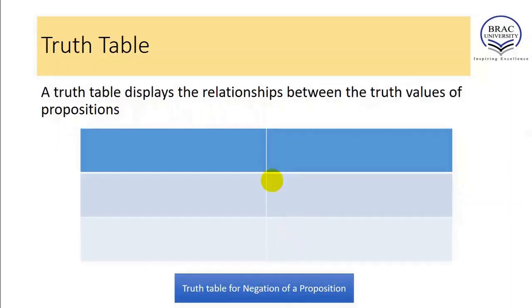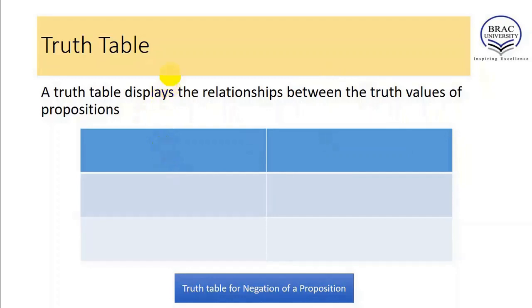Let's talk about truth table. A truth table displays the relationships between the truth values of propositions. So the relationships between the truth values of propositions, this phrase is an important one. And so let's say we will draw the truth table for the negation of the proposition.